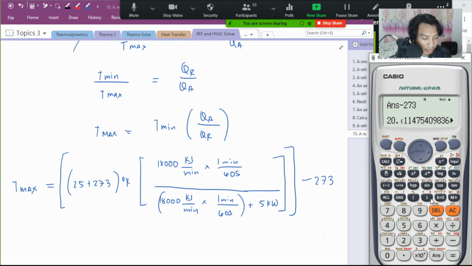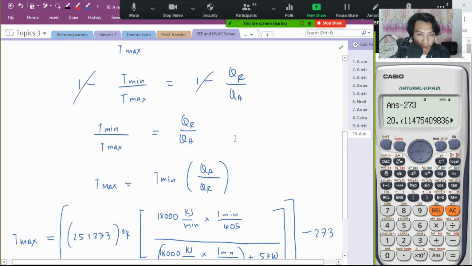Parang may baliktad ako. T-max, T-minimum, QR. Baliktad pala 'to, baliktad. Nagkabaliktad ako dito. Dapat 'to QA, T-minimum, T-max. Okay. T-max is equal to T-min QR. Mataas kasi 'to, dapat QA 'to. Doon ako nagkamali.